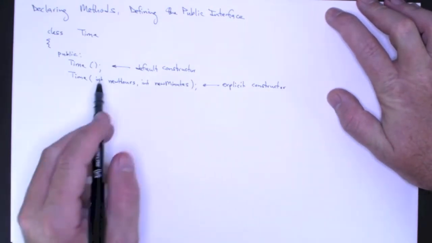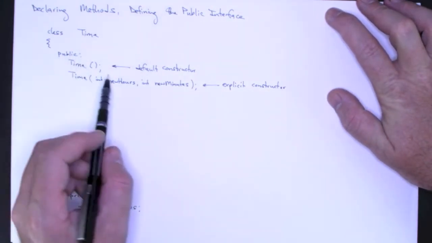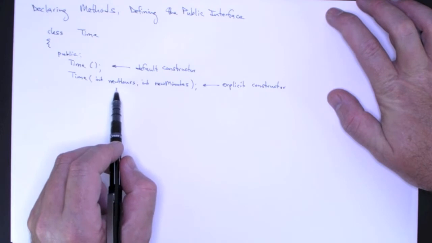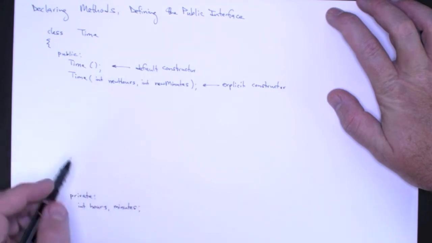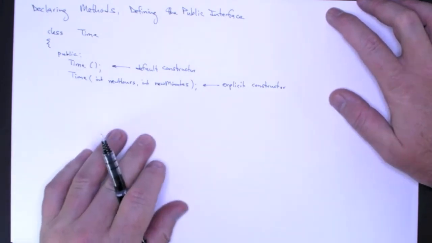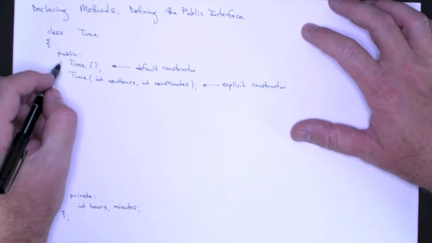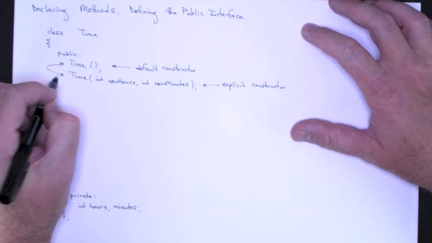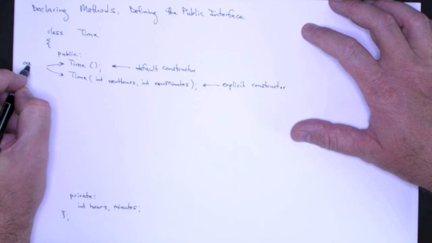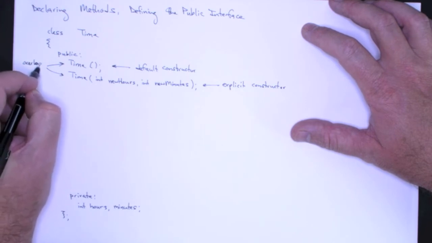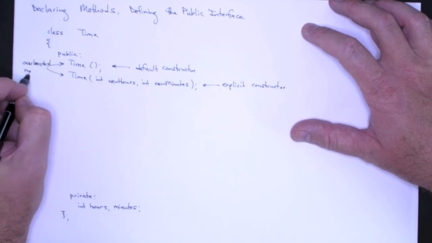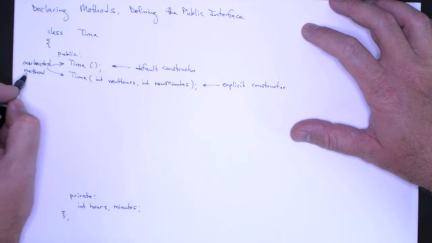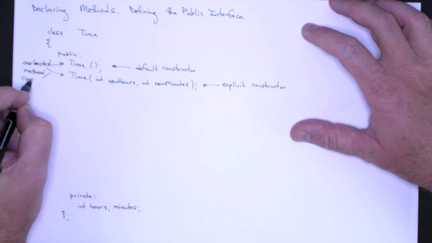It's explicit because a programmer using your time class can explicitly set hours and minutes to whatever he or she wants. Now another thing I'm doing here is I am overloading. This is an overloaded method, or overloaded constructors.